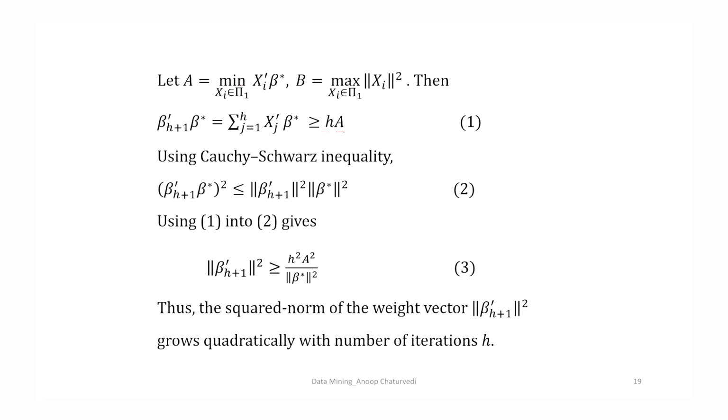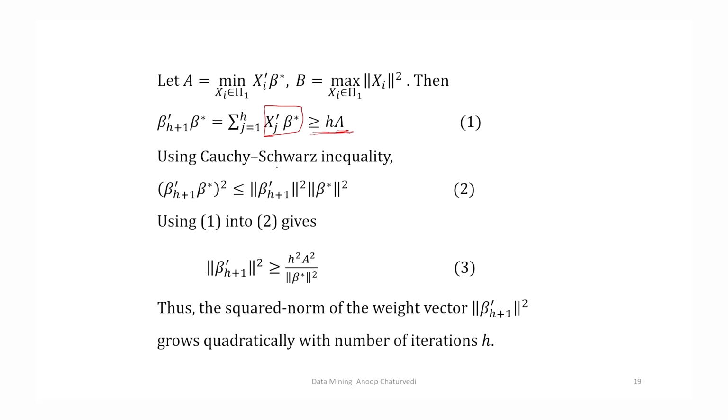A is the minimum over x_i belonging to pi 1 of x_i transpose beta star. So, we replace this by A, and then we get this inequality.